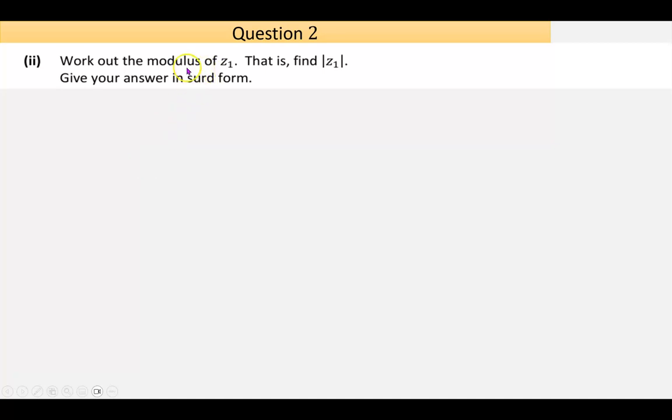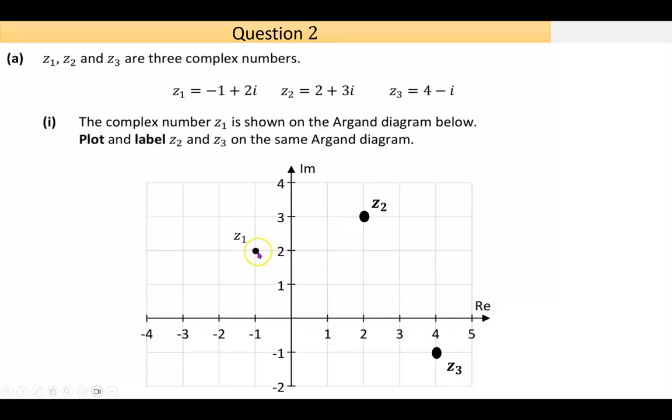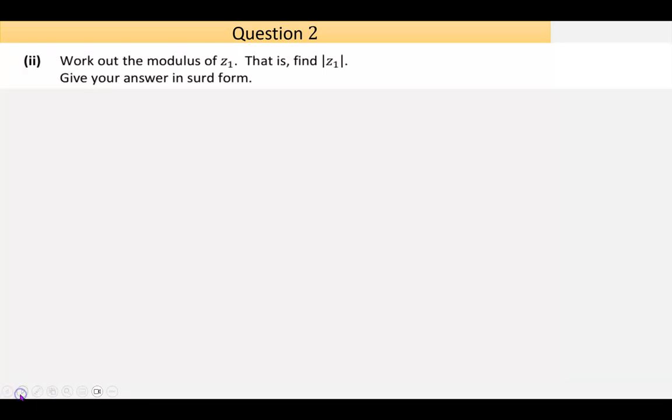Now the modulus is another way of describing the distance of the complex number from the origin. If I was to go back, we're looking for this distance here. Some people might choose to make a right angle triangle and use Pythagoras in order to find that hypotenuse, which will be the answer. But there's a derivative of the modulus formula, and we look at that in a second.